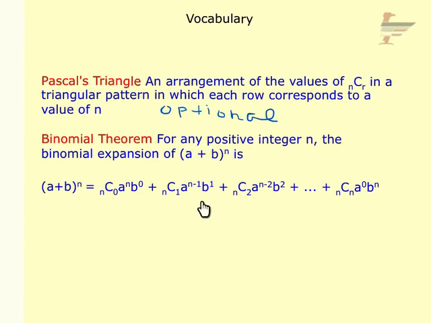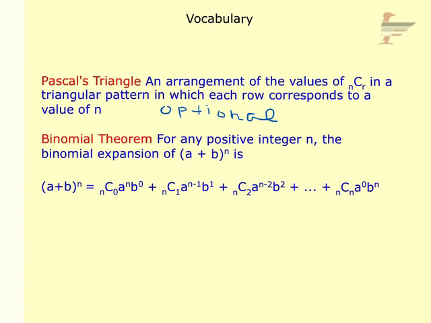But this is the binomial theorem. Now don't frantically write this down quite yet, because I really want you to understand what all this stuff is. But you're going to be expanding a binomial, so this might be like x plus 2 to the 10th power. Well, you don't want to FOIL something out 10 times, so you're going to use this really cool binomial expansion formula so that you don't have to FOIL it out 10 times.